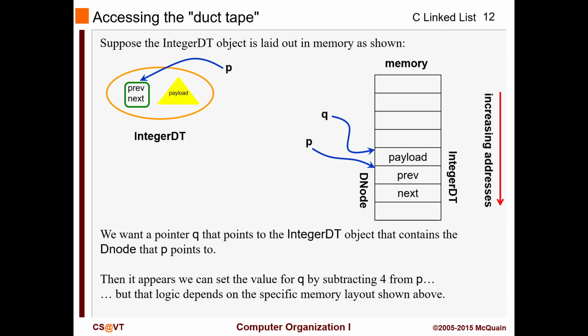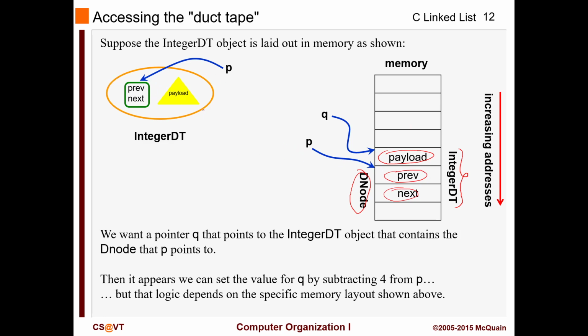If you remember the whole assembly thing, it's going to come in handy. So we have an integer_dt object, right? So integer_dt has a payload and a dnode, and the dnode has previous and next, right? So p is actually pointing here.